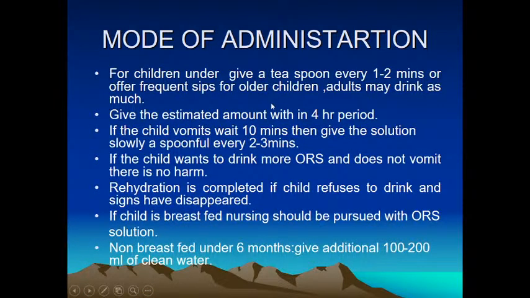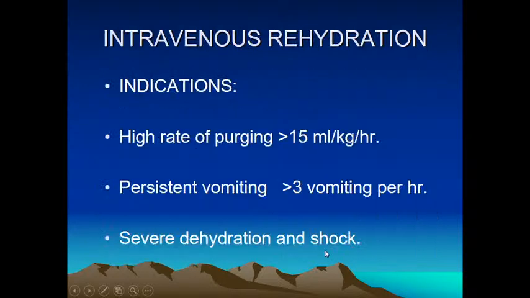You give the child 1 teaspoonful every 1 to 2 minutes. Keep on making the child or adult sip, and you estimate the amount which has been given in 4 hours and keep on giving. In the meantime, please do not stop breastfeeding. Breastfeeding should be continued. A non-breastfed child will have to be given more water also, 100 to 200 ml more water.